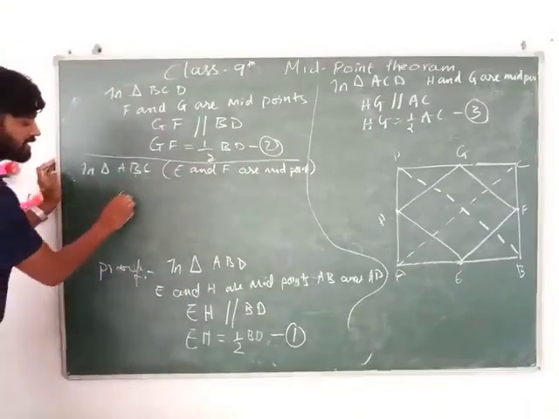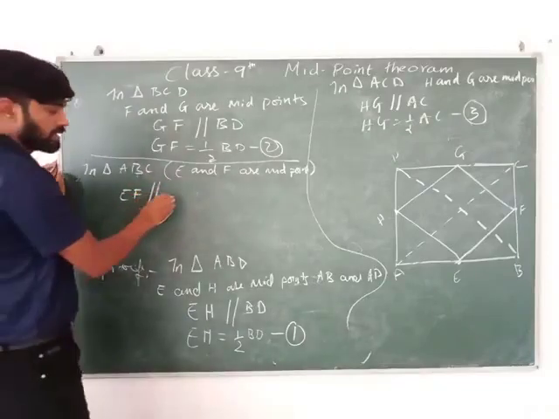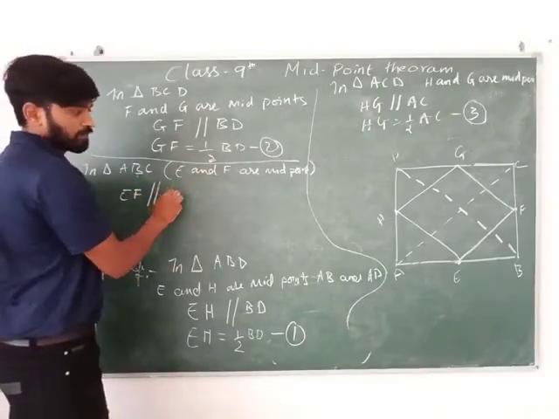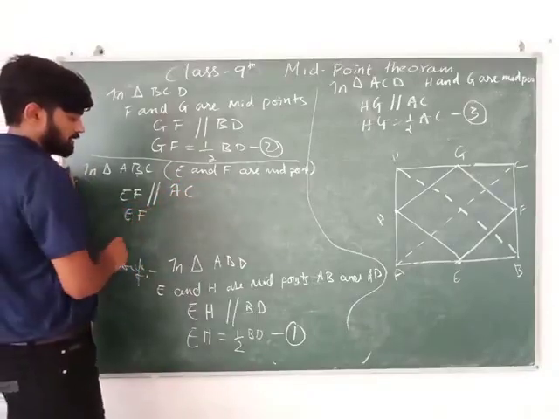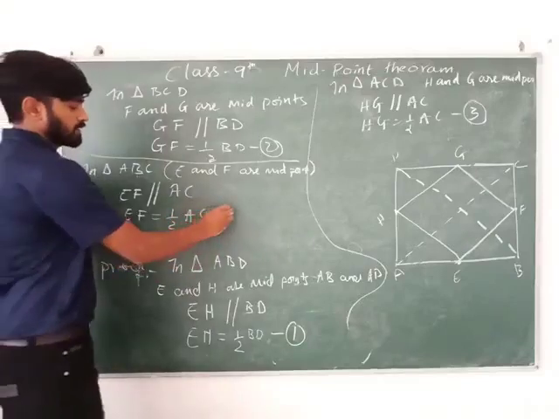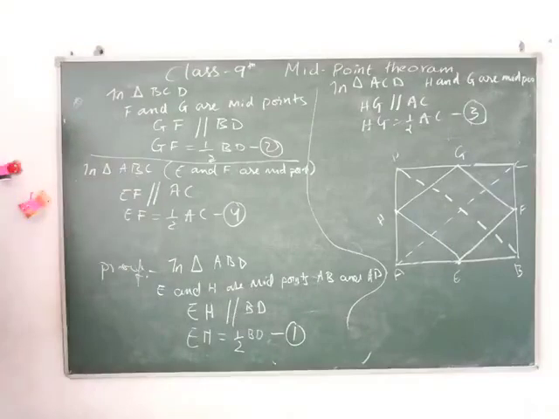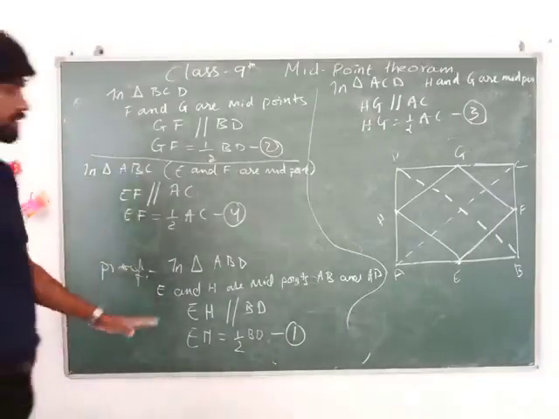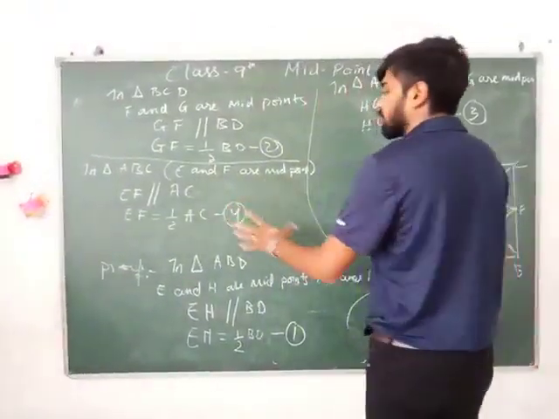I can say that EF is parallel to AC and EF is equal to half of AC. This is the fourth equation.